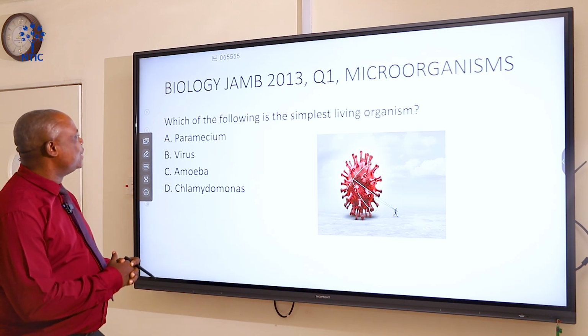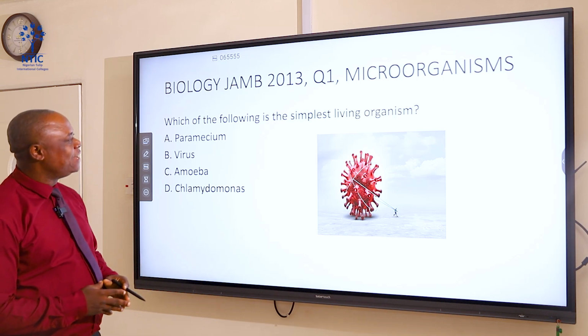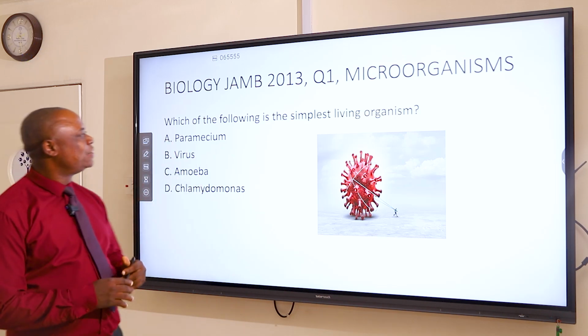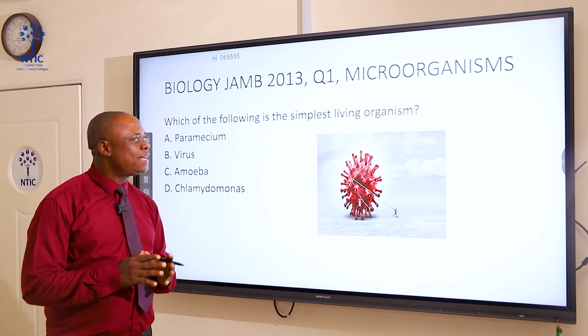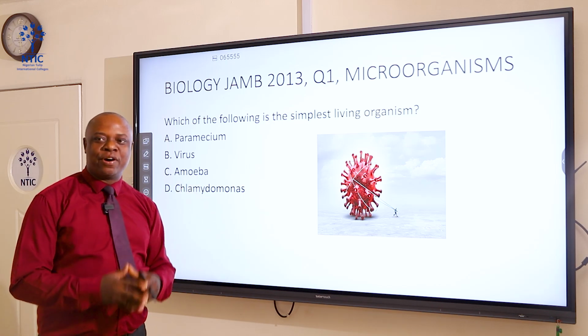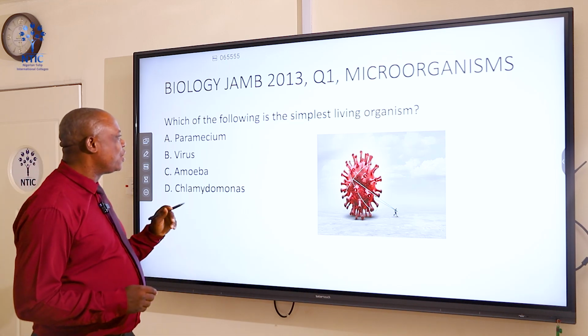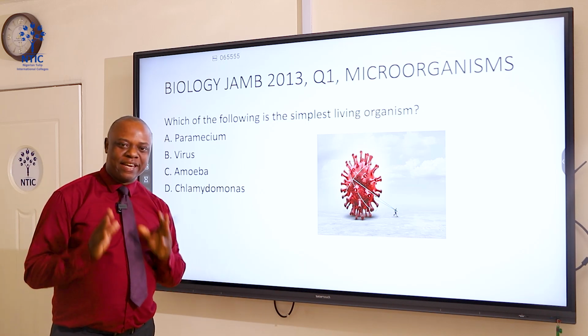Question number 1. Which of the following is the simplest living organism? From the question, the emphasis here is on the simplest living organism. Here we are talking about microorganisms, organisms that are too tiny to be seen with the naked eye.